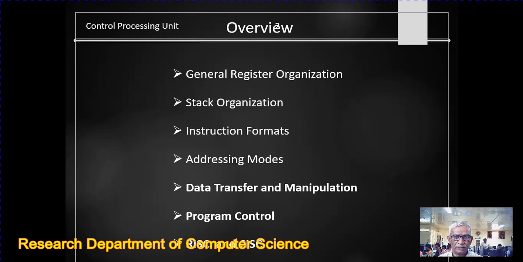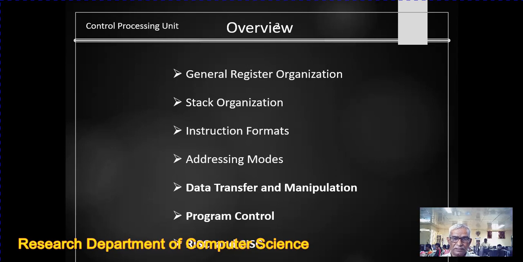And then, next, data transfer and manipulations. Without data transfer we can't do anything. There are a number of ways in which data can transfer among the devices and among the computers. If you enter information on your keyboard, the information can transfer to the central processing unit, the control unit. The control unit transfers it as per the instructions received.